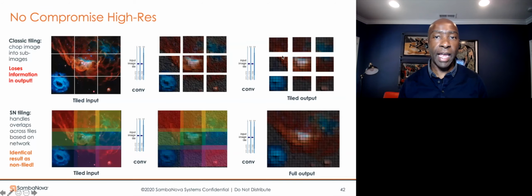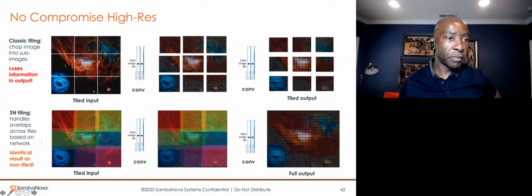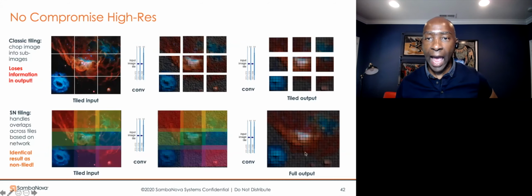We'll have an image, a model, that has gaps in it, right? However, if you tile correctly the way that we do things with the Sambanova SambaFlow system, then what you'll get is an output that does not have any gaps or any moats in it, and you'll get the accuracy that you can hope for over the whole image.